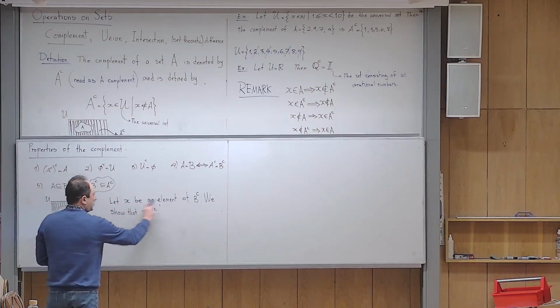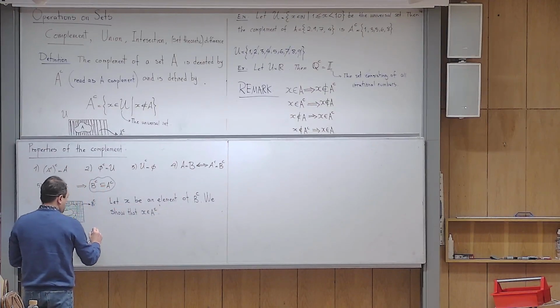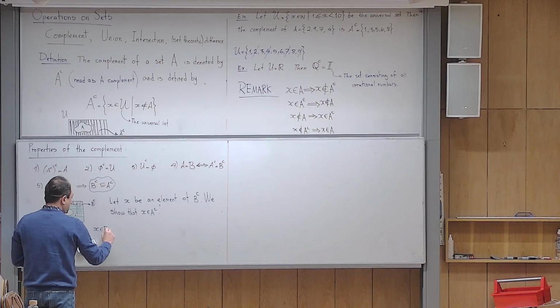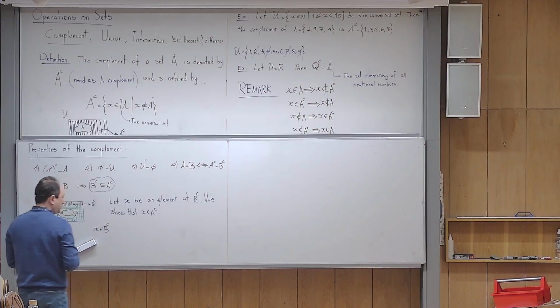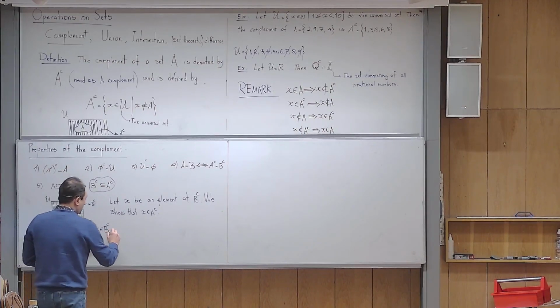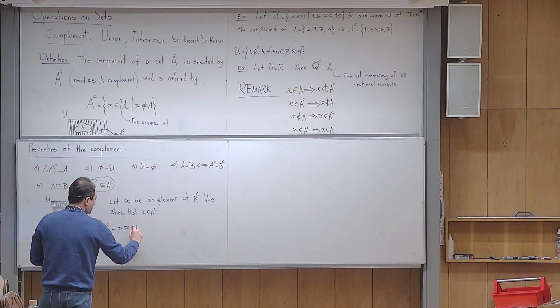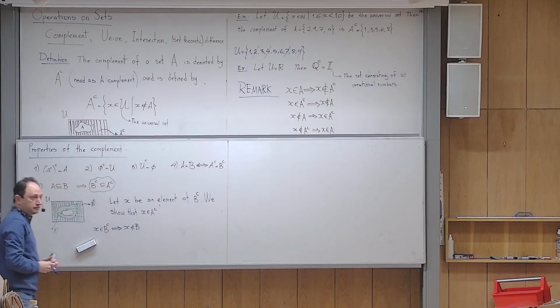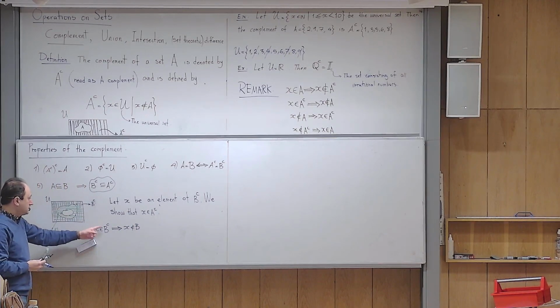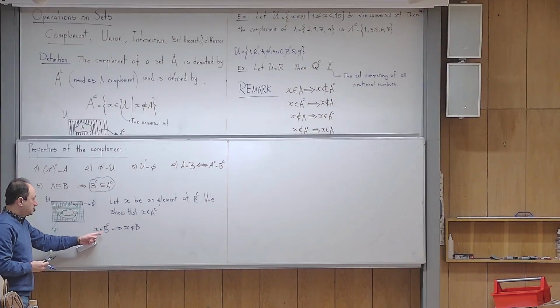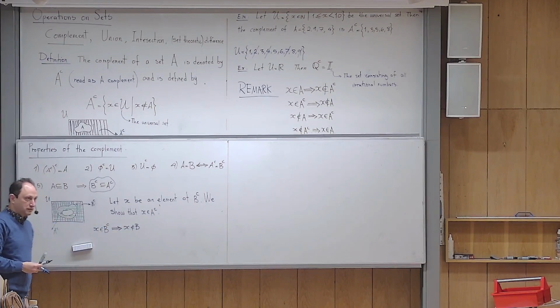I have assumed that X belongs to B complement. When I say that X belongs to B complement, I can immediately conclude that X does not belong to the set itself. Yes, this is the meaning of complement. When I choose an element in B complement, it is guaranteed by the definition of the complement that this X does not belong to the set itself.